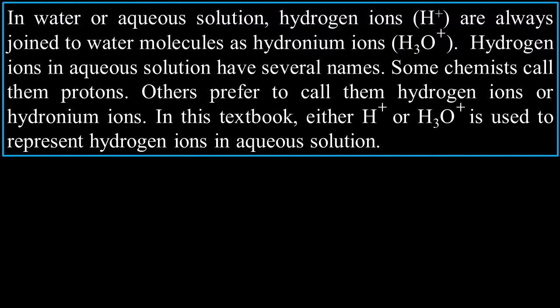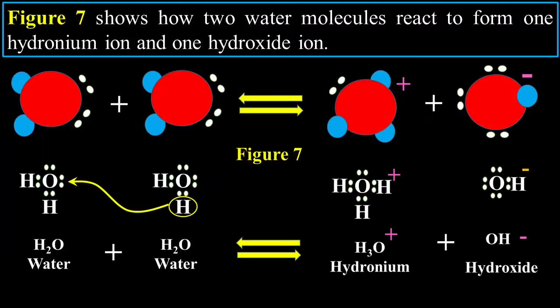In this textbook, either H+ or H3O+ is used to represent hydrogen ions in an aqueous solution. Figure 7 shows how two water molecules react to form one hydrogen ion and one hydroxide ion. So this is a summary of that reaction.